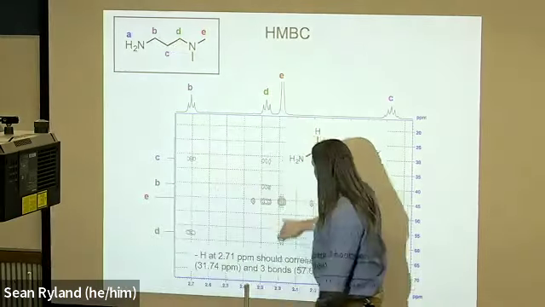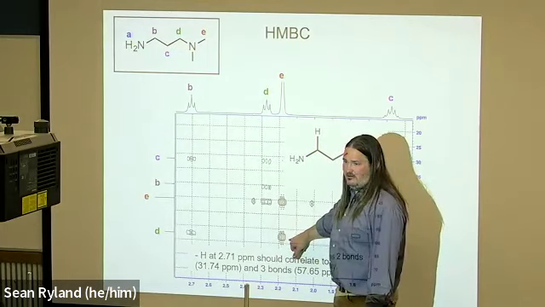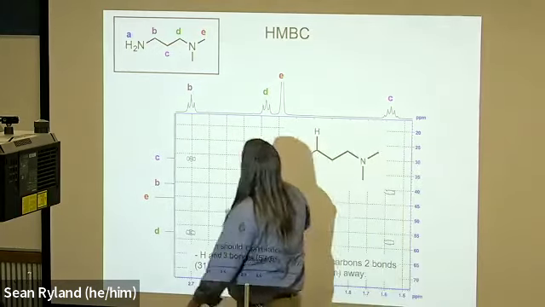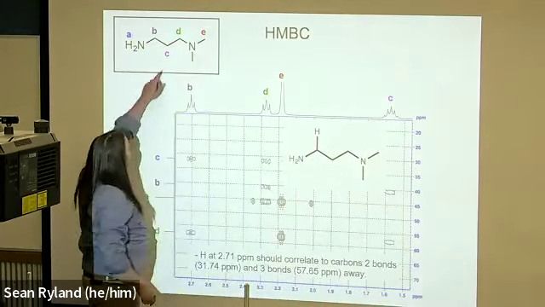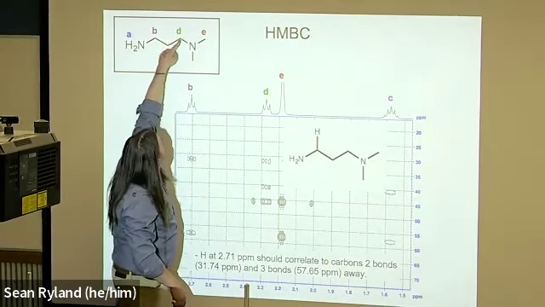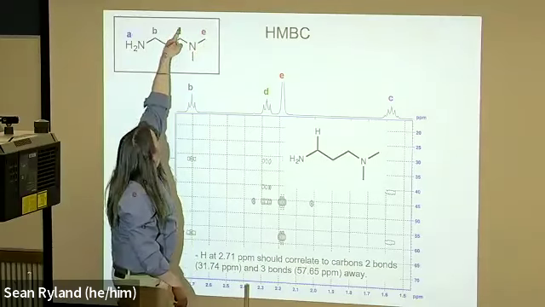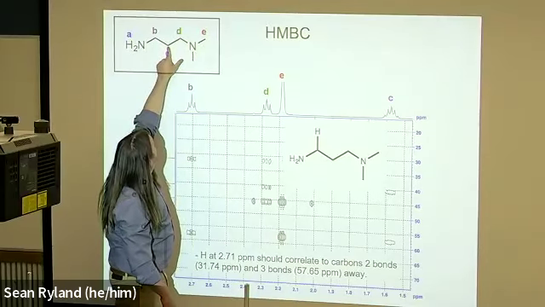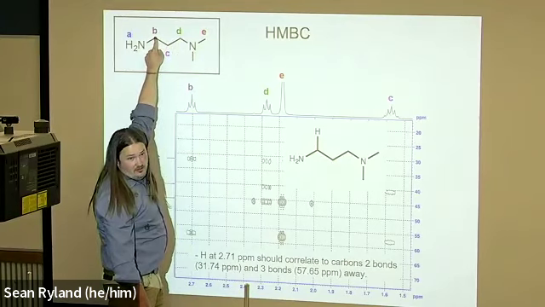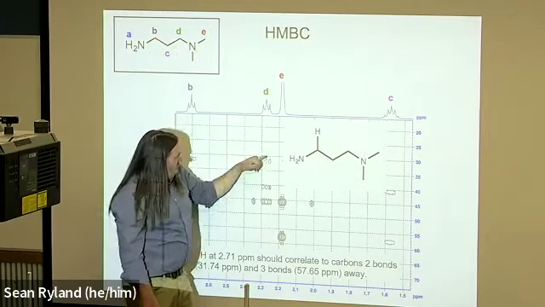So E, 2 signals. Itself and D. Yeah. D should then correlate back to proton E, so 1, 2, 3 gets you to a carbon. 1, 2 gets you to a carbon. 1, 2, 3 gets you to a carbon. So we should see 3 signals show up in column D. 1, 2, 3.